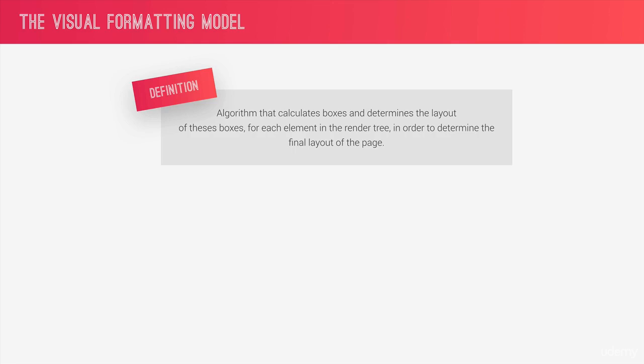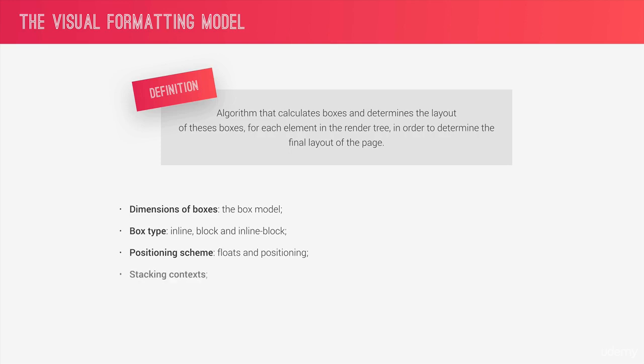This model is one of the fundamental concepts of CSS, which is why I decided to include it in the course. Now, in order to do this, the algorithm takes into account factors like dimensions of the boxes, which are calculated by the box model, the box type, which can be inline, block, or inline-block, the positioning scheme, which includes concepts like floats and absolute or relative positioning, stacking context, the other elements that are present in the render tree, such as siblings or parents, and finally, external information such as the current viewport size, dimensions of images, or other factors.